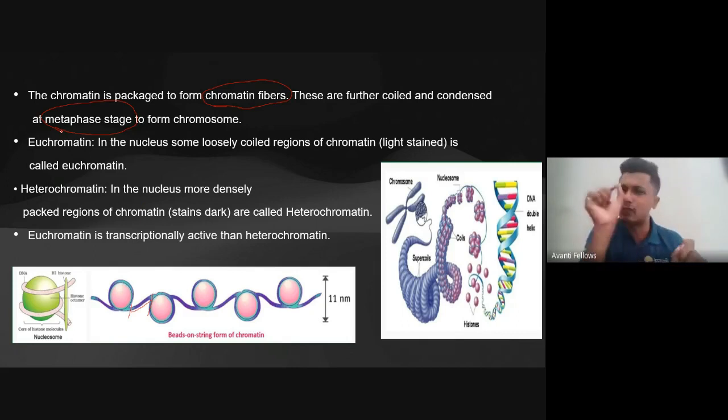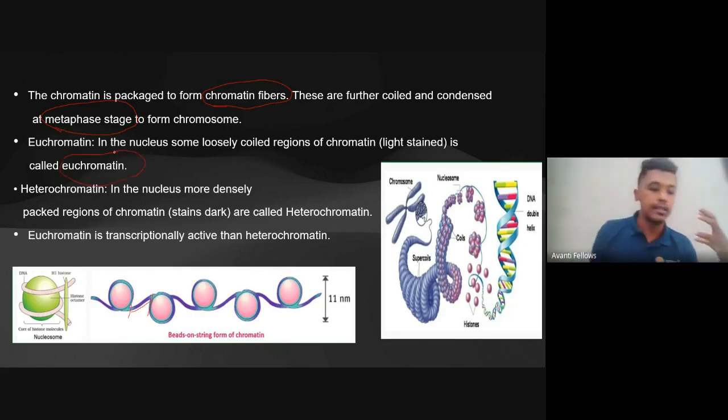Dark bands means they are very dark colored, whereas in certain regions of my chromosome there are very light bands. So this shows something. What does it show? Wherever I have the light band is called the euchromatin region. So this euchromatin region is a highly significant region. Are you understanding my point?